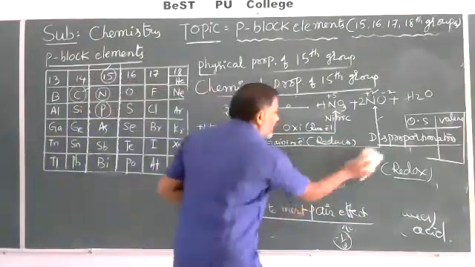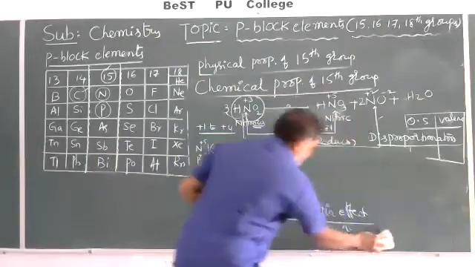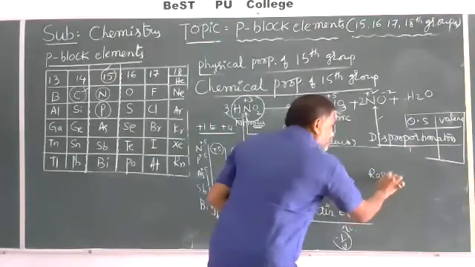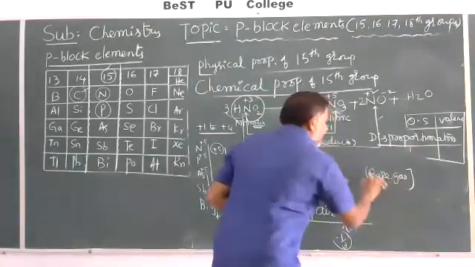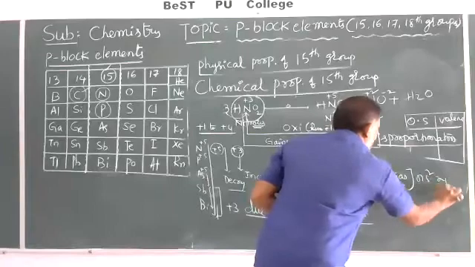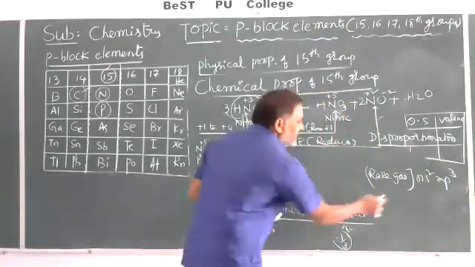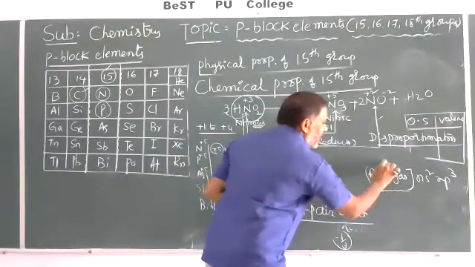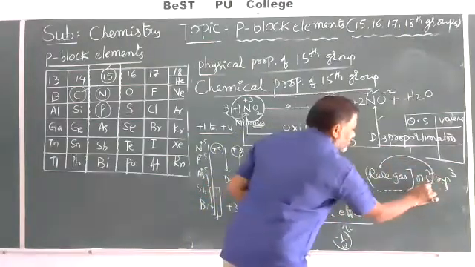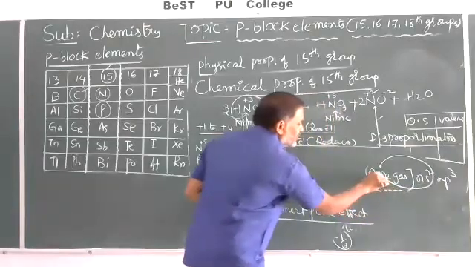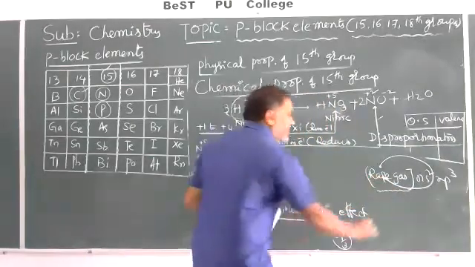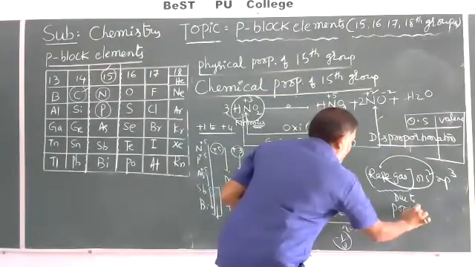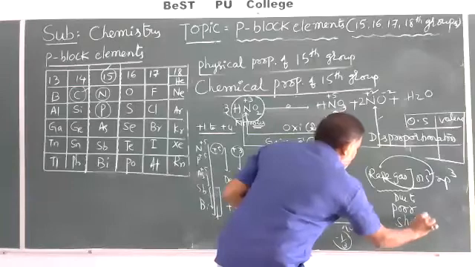Due to the poor shielding or screening effect, the rare gas inner electrons, the nuclear forces directly influence these valence electrons, which are dragged towards the nucleus. That is due to poor shielding or screening effect.